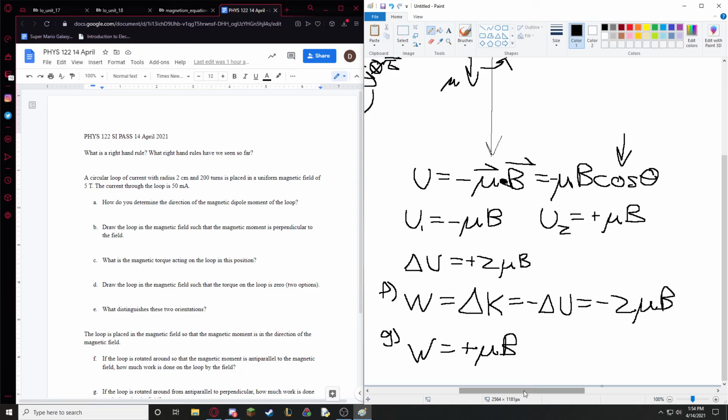How much work is being done on the ball by you? Well, it's the 1 kilogram times 1 meter, right? Yeah, but that would be positive because you're lifting it up. Yeah, and so the work done on it by gravity would be negative, because we're going against the natural direction of gravity.